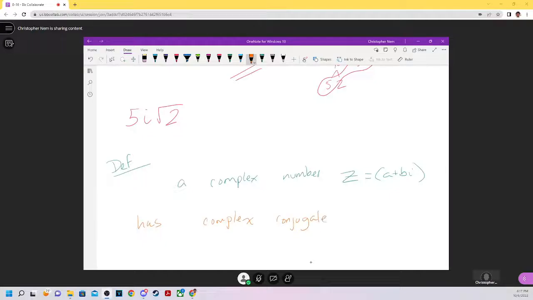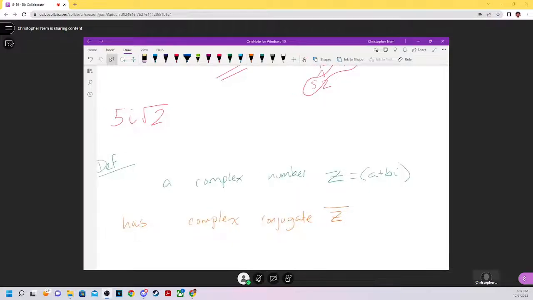The symbol for this is going to be z with a bar over it. If I put a z with a bar over it, we call that the complex conjugate. And that's just simply a minus bi. That's it. If your complex number is a plus bi, the complex conjugate is a minus bi. So you're just going to change the sign. If it was a minus bi, the complex conjugate would be a plus bi. All I'm doing is just changing the sign of my imaginary component, and that is it.